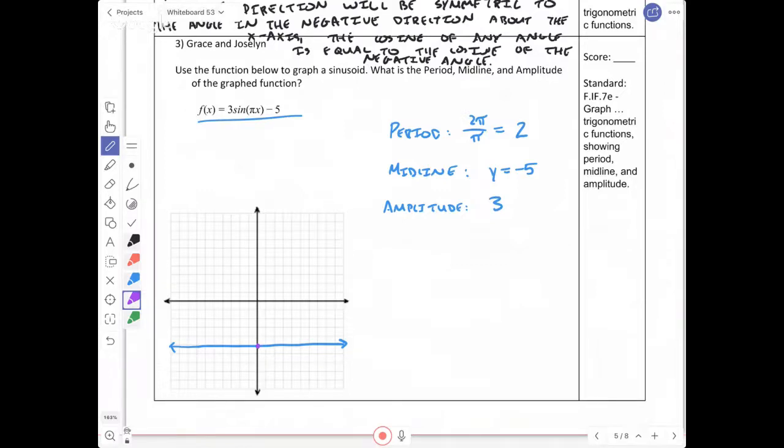The period is 2. So I'm going to say an entire curve would be made in 2. I'm going to extend it out a little. I'm going to say here's 0.5 and 1 and 1.5 and 2. And the same going backwards.